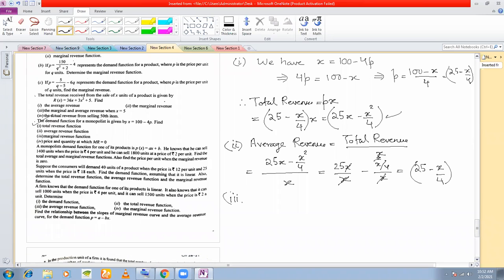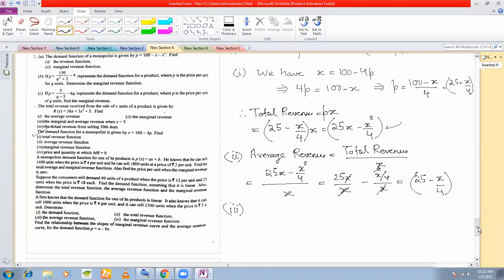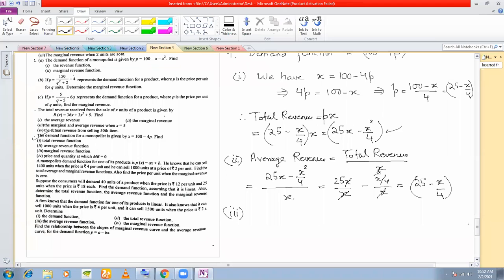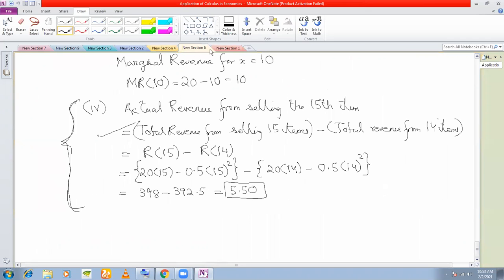In fact, if you can remember the result I told you, in case of marginal revenue and average revenue, price per unit is equal to average revenue. Do you remember this derivation that I did? Let me show you this one.